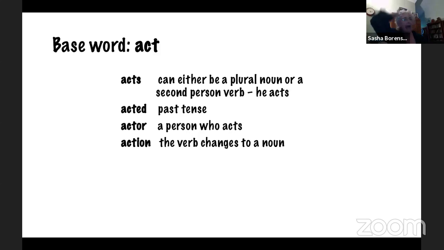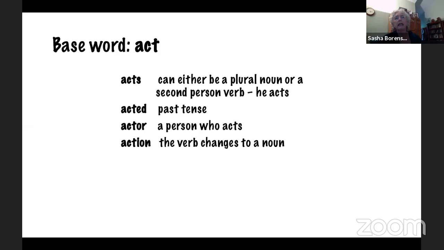How about acted? Is ed an inflectional or a derivational suffix? One is inflectional, two is derivational. Number one. Act and acted are both verbs. What we changed was the time. Okay.